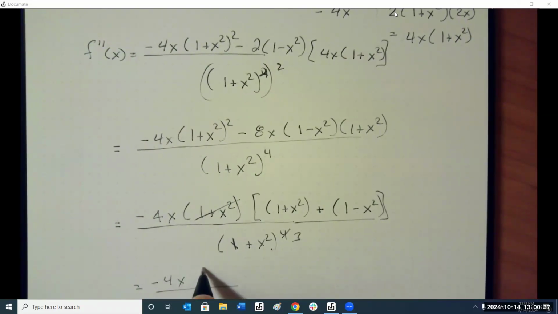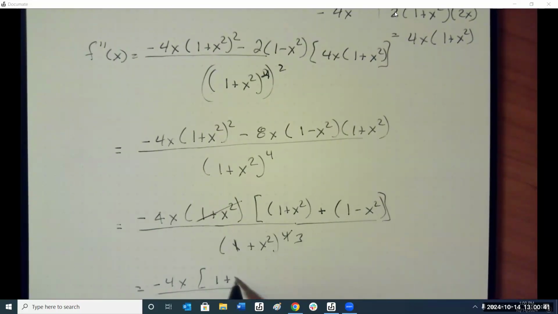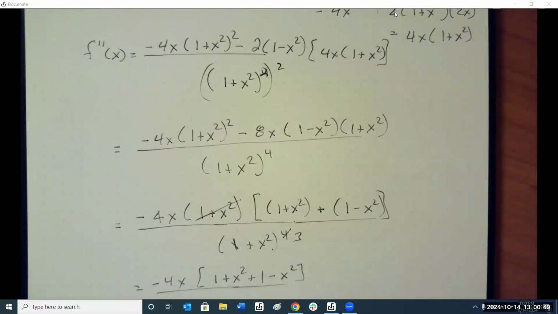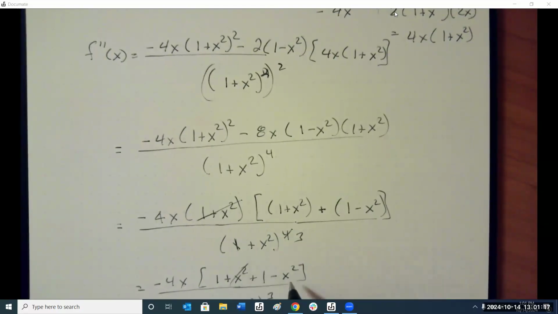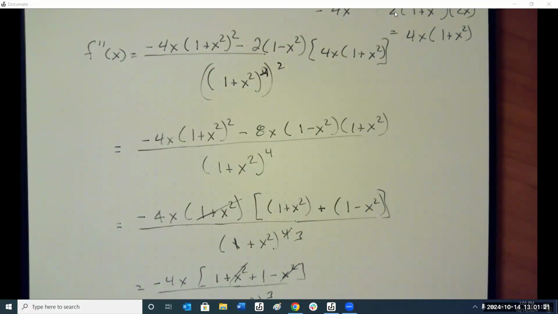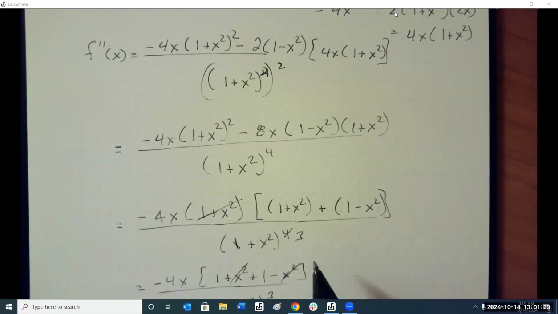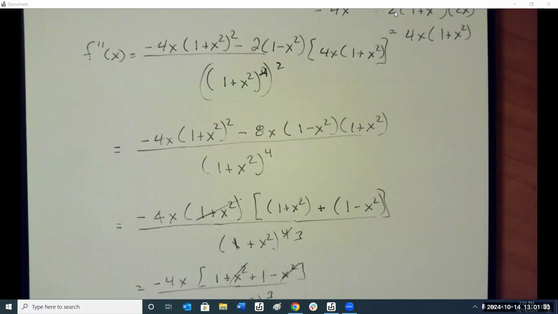Negative 4x, I could drop the parentheses: 1 plus x squared plus 1 minus x squared, over 1 plus x squared to the third.